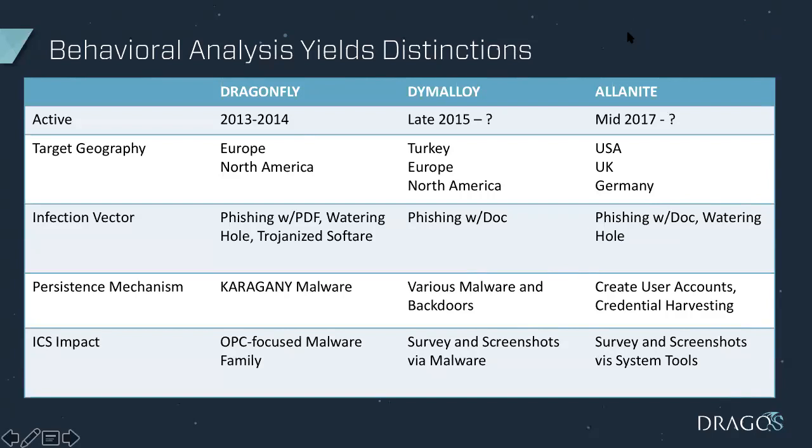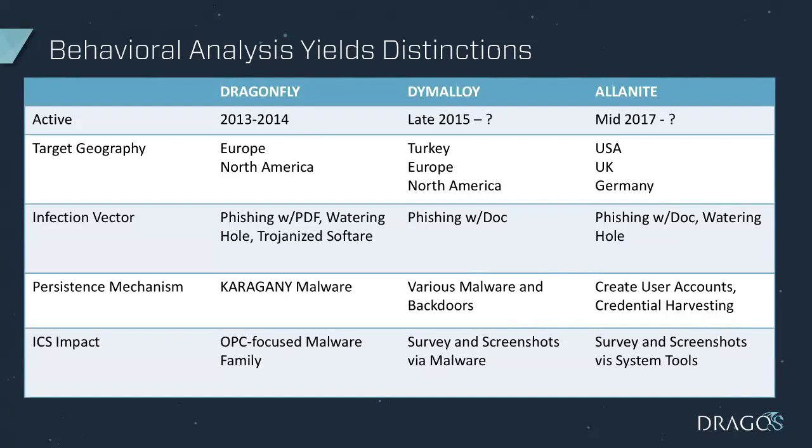So, for example, Legacy Dragonfly really focused on manufacturing operations in Europe and North America, whereas Dymaloy and Allanite are focused exclusively on electric utility operations in Allanite's case, whereas Dymaloy is a blend of the two. In terms of infection vectors, there are some similarities in the use of watering holes and phishing, but everyone uses phishing, so is that really a strong indicator?